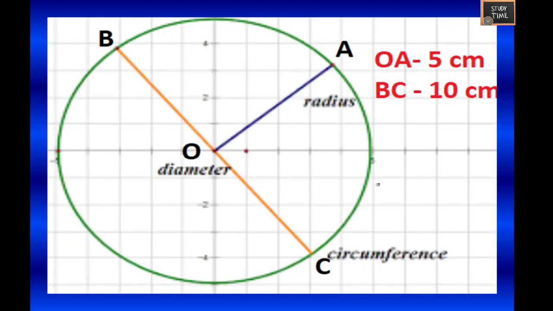Here you should name the center point as O, and this is radius, and this is diameter. You can write the radius measurement and diameter measurement here. OA is radius 5 centimeter and BC is 10 centimeter.